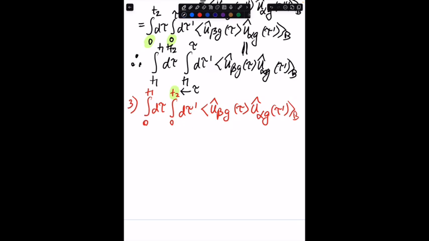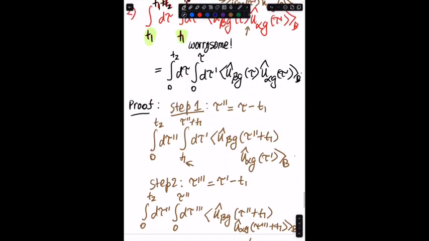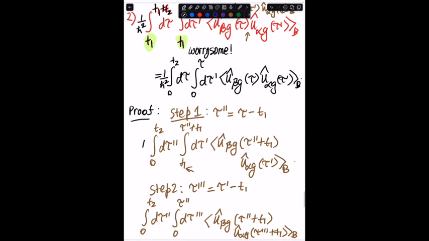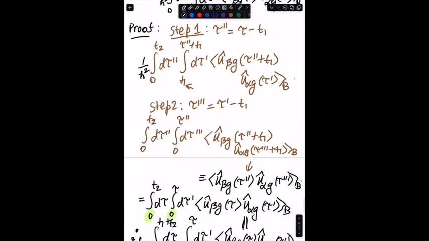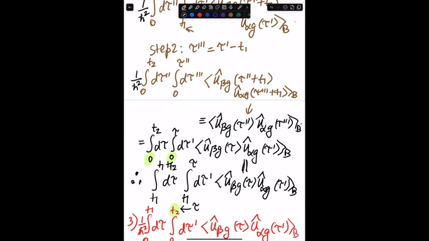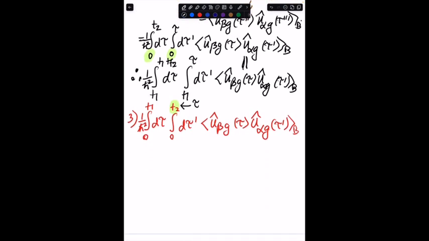You can put in the 1 upon h bar square everywhere, just to be more consistent with the definition of the g function.